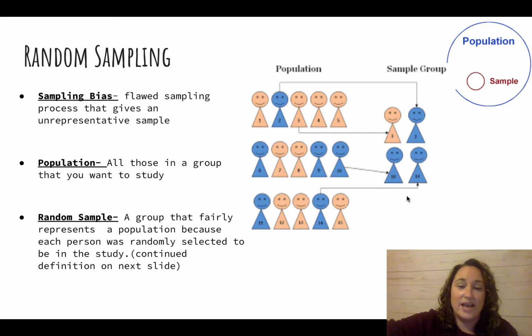You want to be able to say that? Well, you need a representative sample that's accurate to your population. If you're only testing psychology students, that might be different because they learn about sleep and maybe they prioritize it more. If you don't do that, you have what's called sampling bias, which is a flawed sampling process that gives an unrepresentative sample.